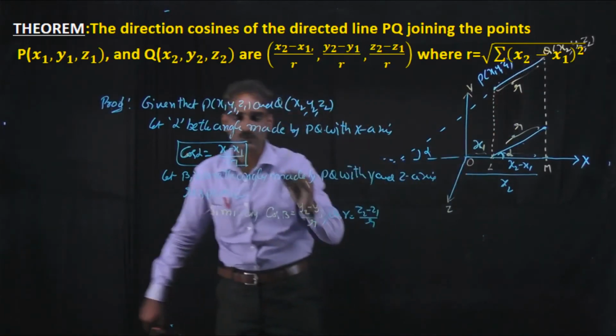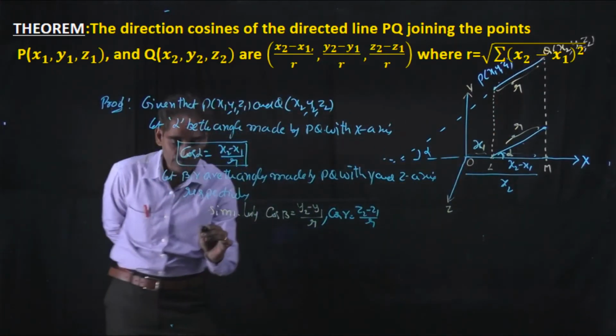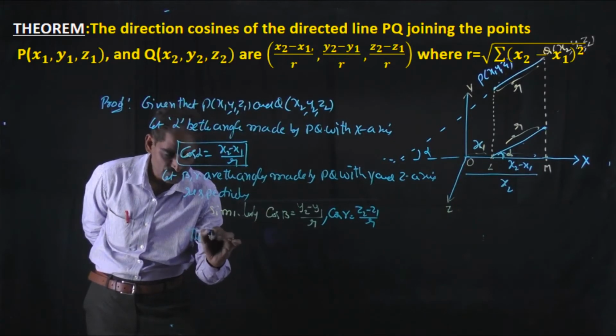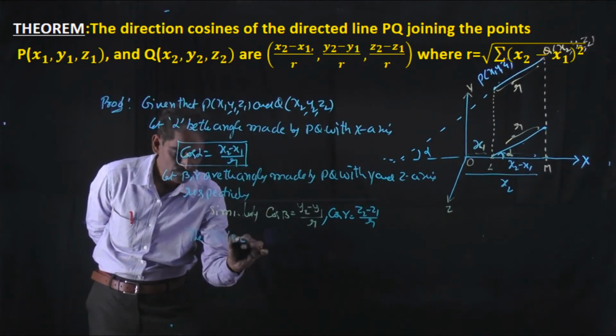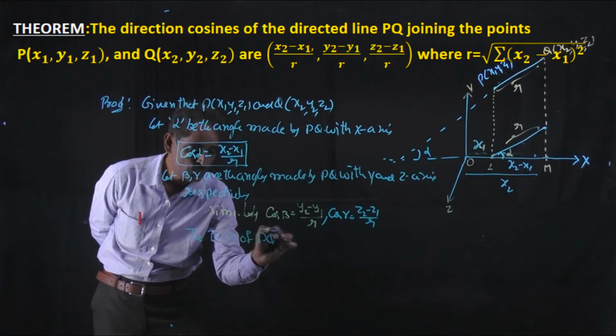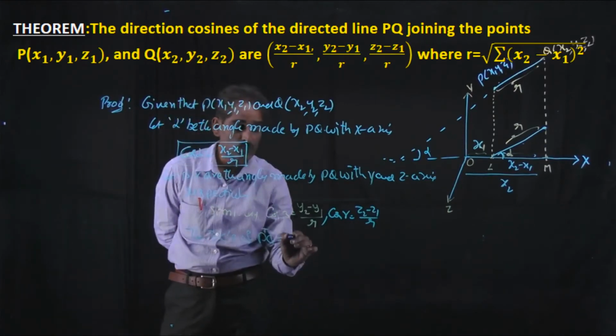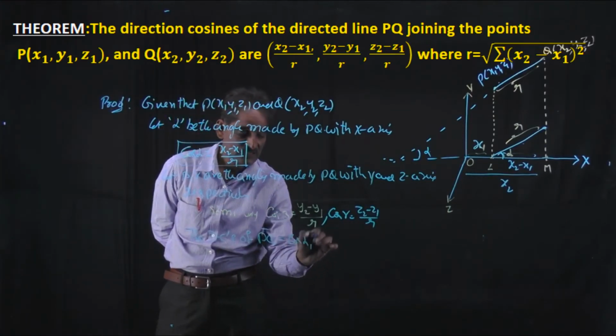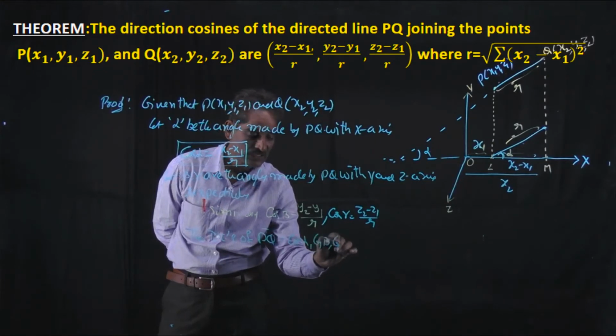So therefore, the DCs of PQ are cos alpha, cos beta, cos gamma.